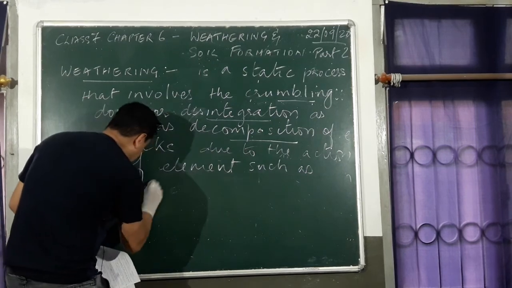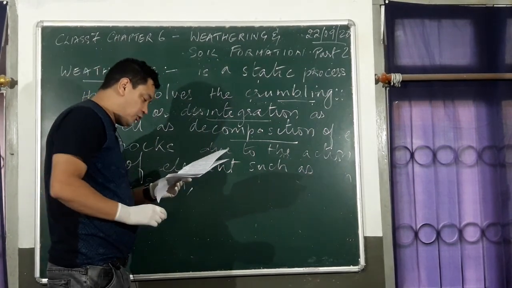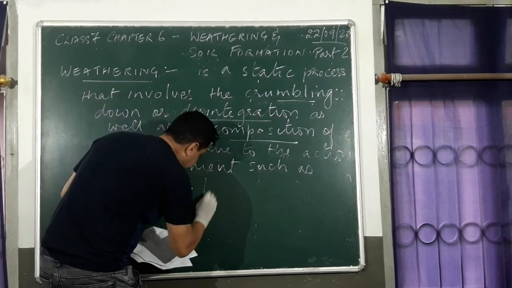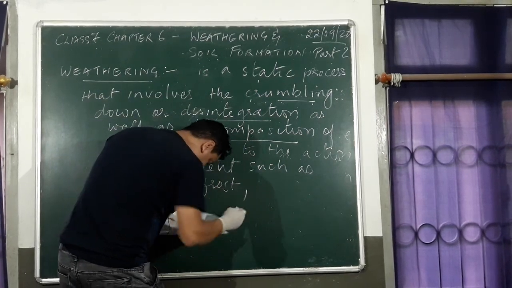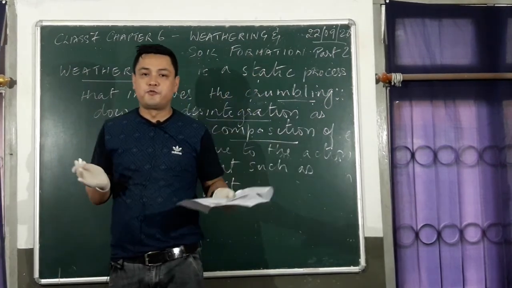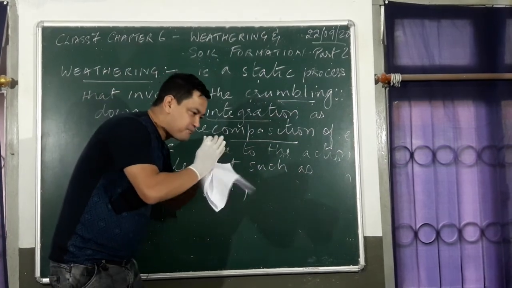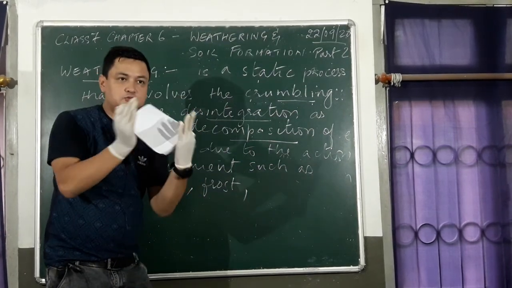Rain, it's raining today also, is a form of what we call weathering. Frost. Frost means weather cold enough to freeze. Frost plays a vital role in breaking the big rocks into two parts.